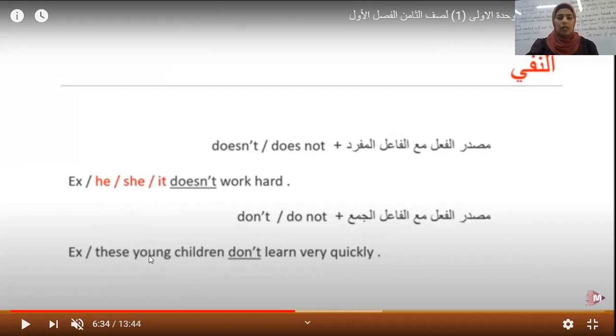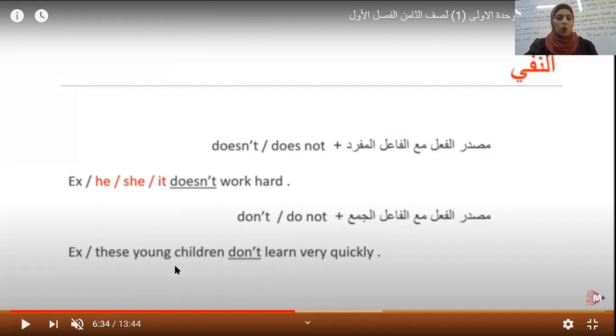But when we have a plural subject and we need to make the sentence negative, we use do with not. These young children, as you know, children is the plural of child, don't learn very quickly.